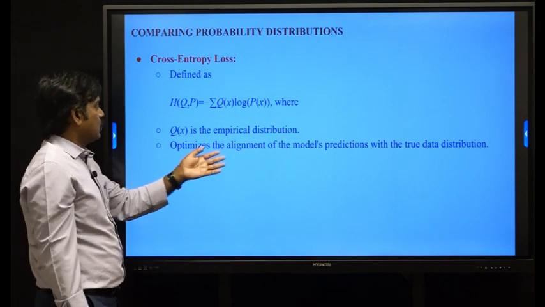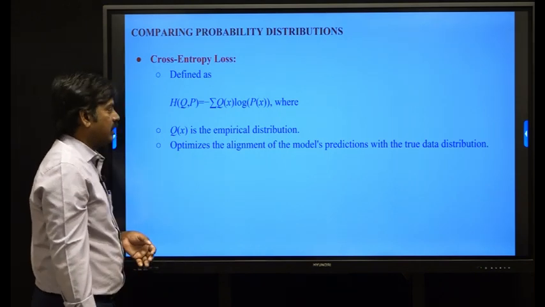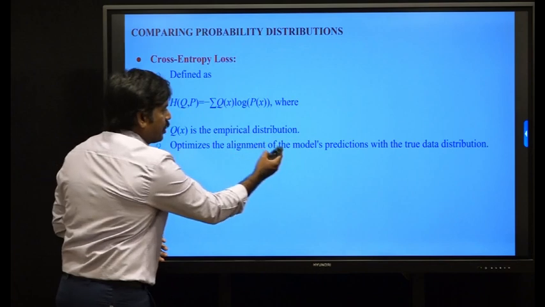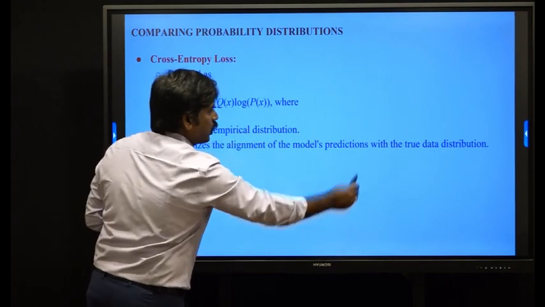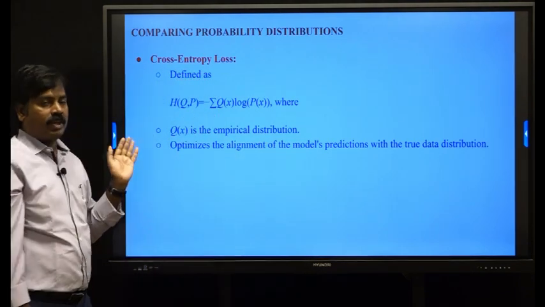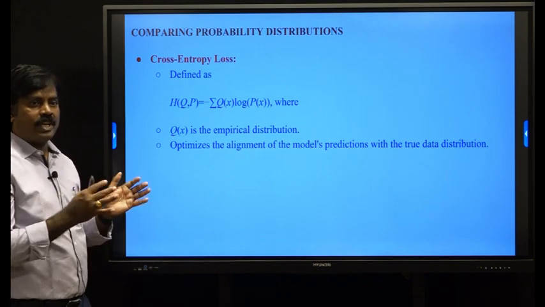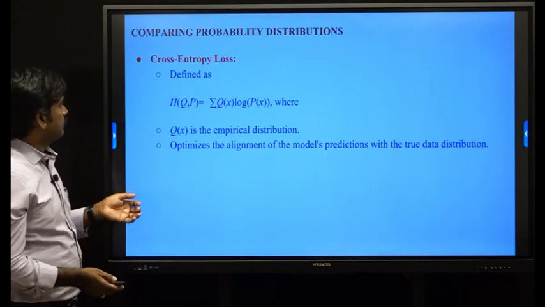Q(x) is the empirical distribution and P(x) is the model generated distribution. This optimizes the alignment of the model's predictions with the true data distribution, meaning both become very close.